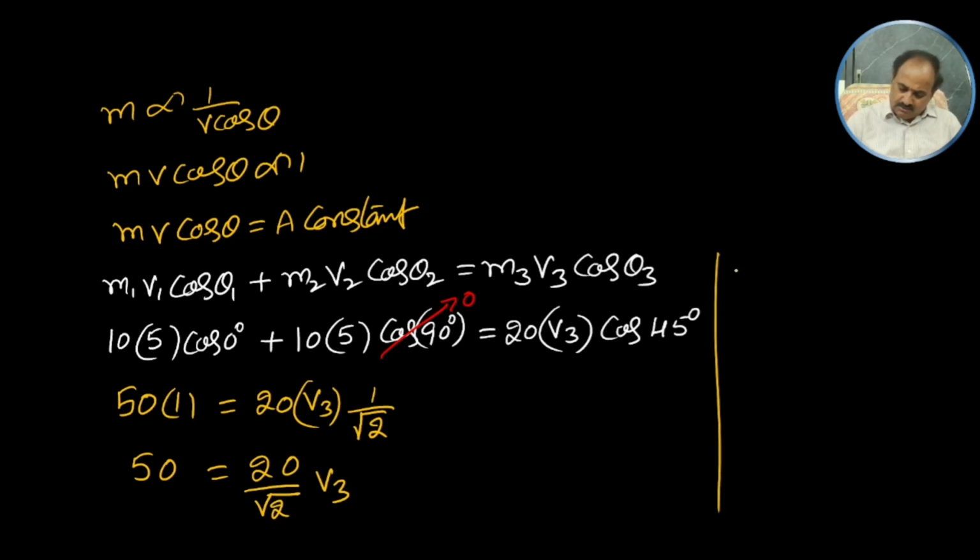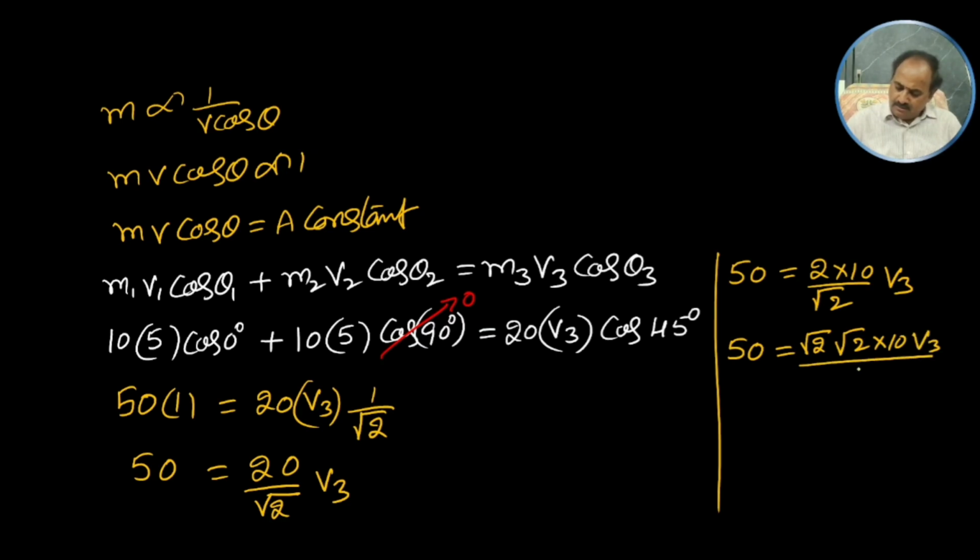So that can be also written as 50 equal to 20. I can write 20 as 2 into 10, by root 2 into v3. This 2 in the numerator I can write as root 2 into root 2, so 10 root 2 into root 2 v3 by root 2. One root 2 is cancelled.